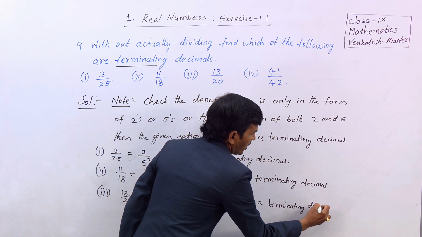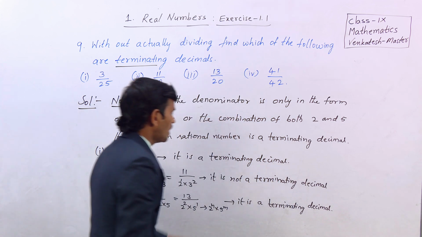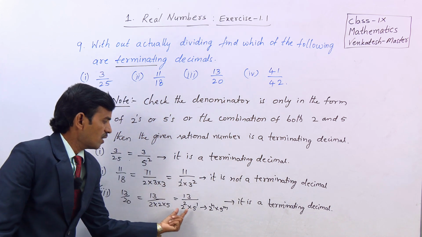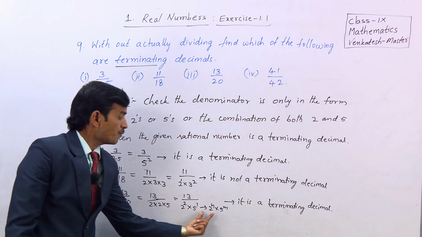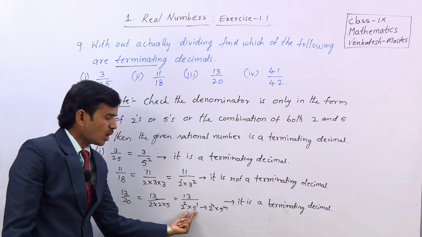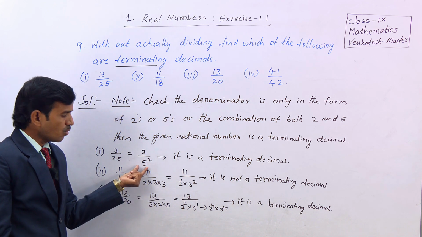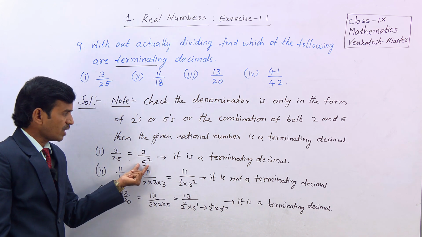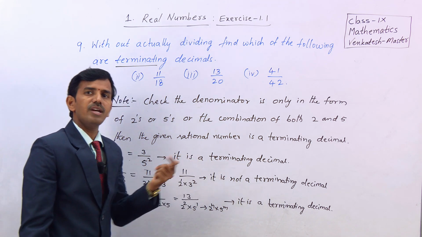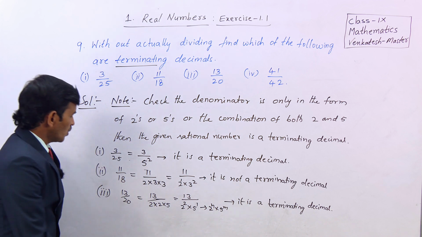So do you identify the logic behind the conclusion? We should check whether the denominator is in the form of 2 power n or 5 power m, only a combination of 2 and 5, or only 2, or only 5 exists in the place of denominator, then all such numbers become terminating decimals.